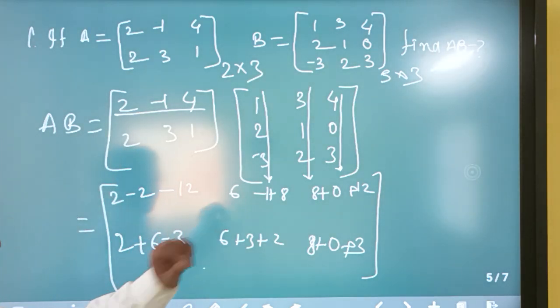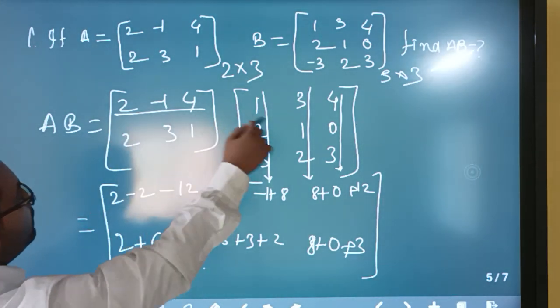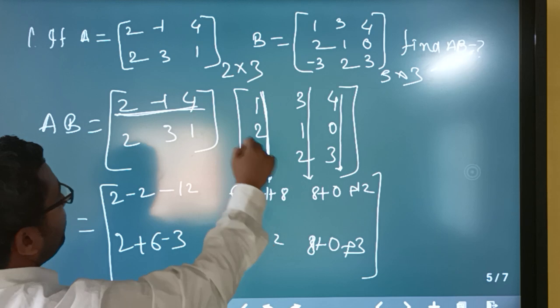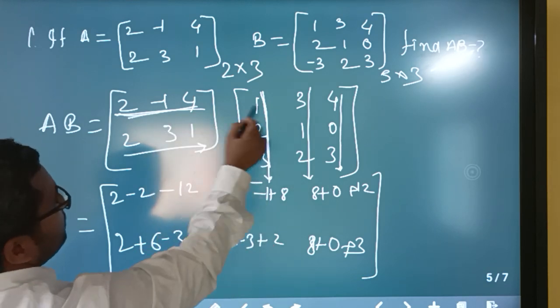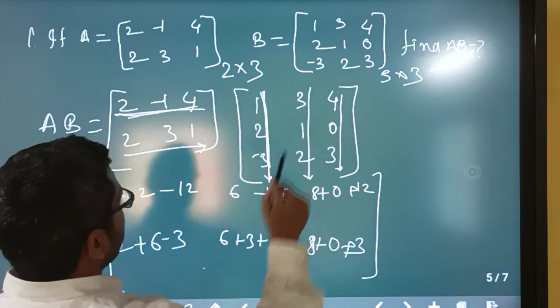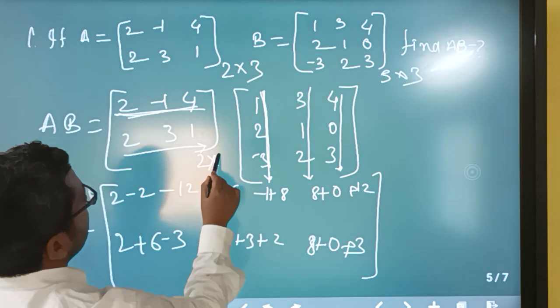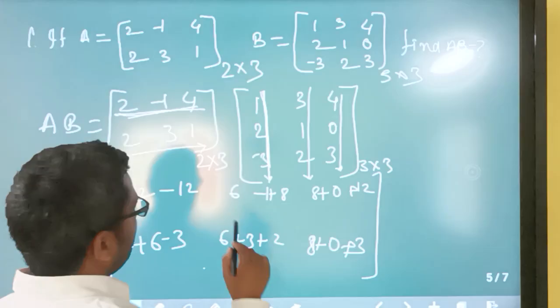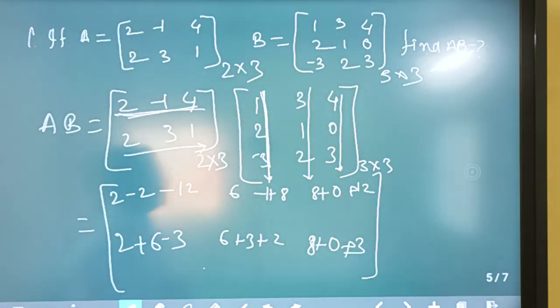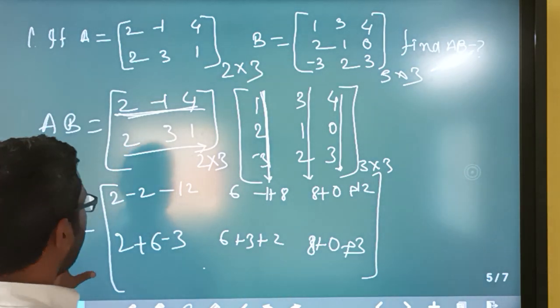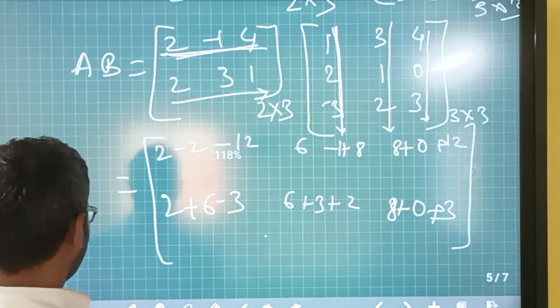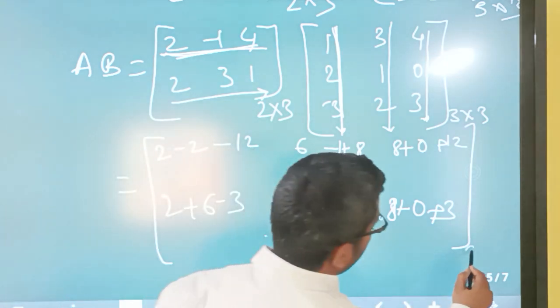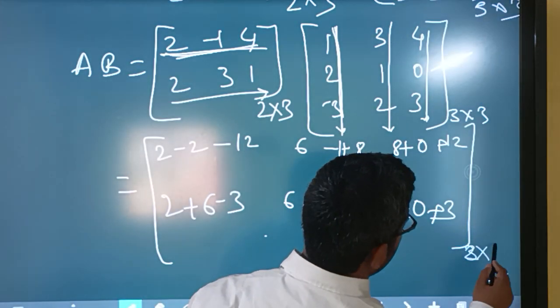This is multiplication done row wise and column wise, with a 2 cross 3 matrix times a 3 cross 3 matrix. We have found the value of the matrix.